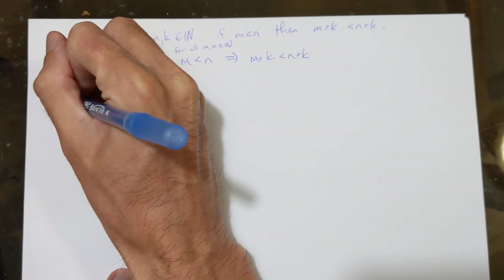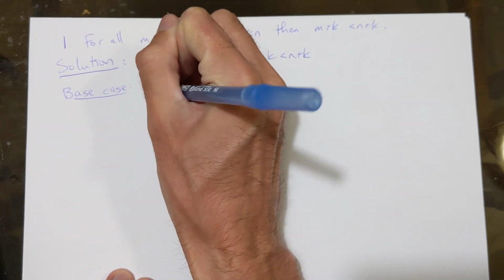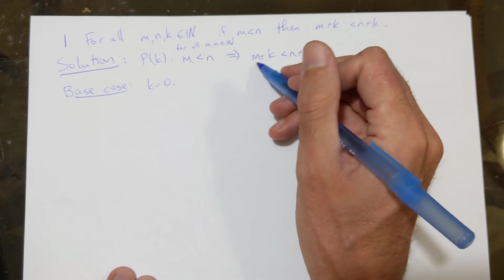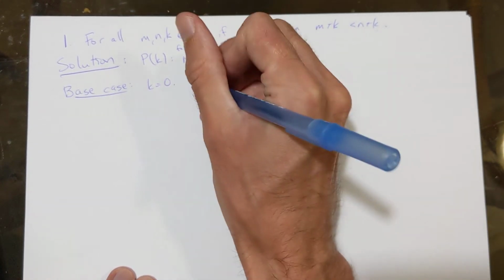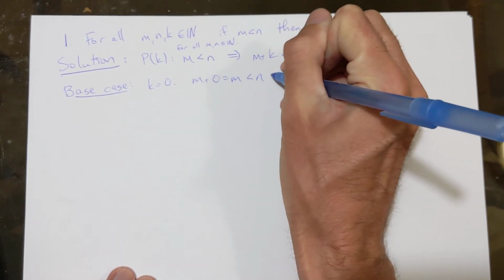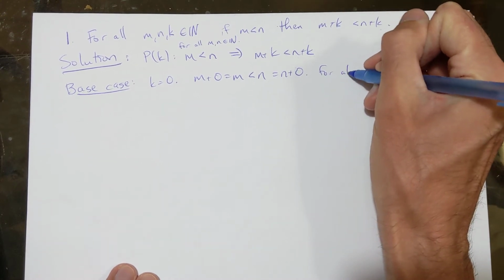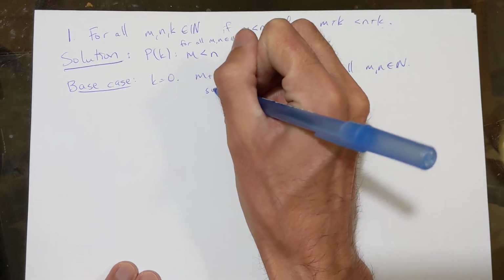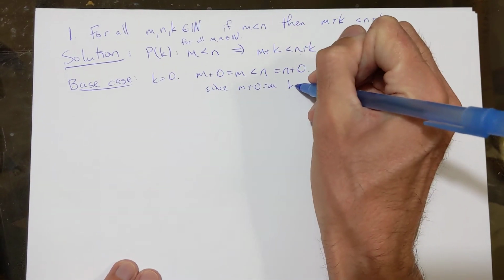Our base case is k equals 0. The definition of m plus 0 is just m, and the definition of n plus 0 is just n. That's true for all m and n, since m plus 0 equals m and n plus 0 equals n by definition.